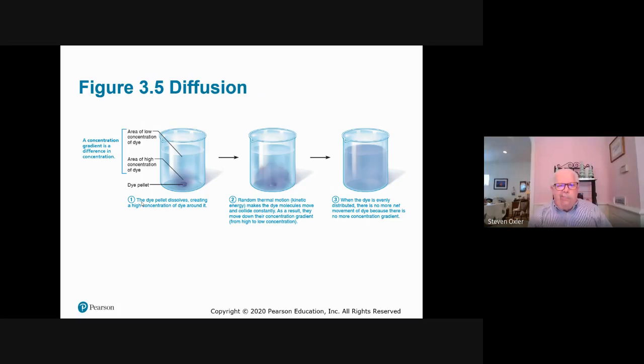If you drop a concentrated pellet of dye into water, eventually it will dissolve. What it's doing is equilibrating with the water. And eventually the dye will be evenly distributed in the water. That is simple diffusion.